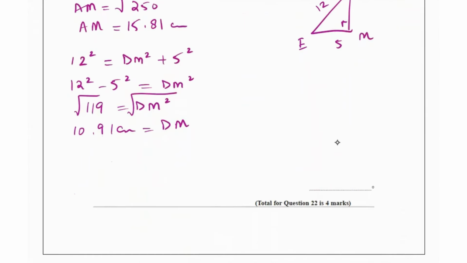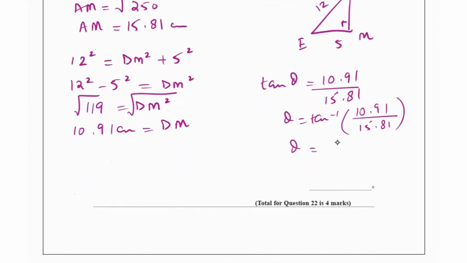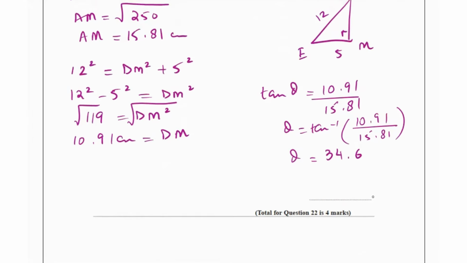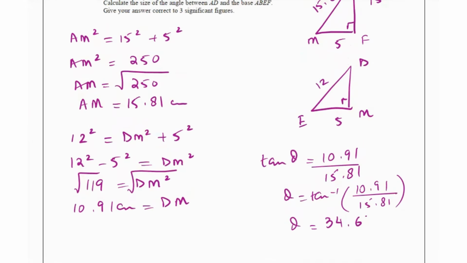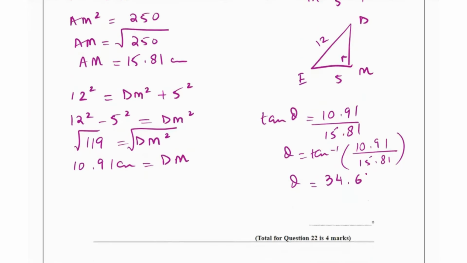So tan theta equals 10.91 over 15.81. Tan inverse of 10.91 divided by 15.81, and that gives us 34.6 degrees correct to three significant figures. So that is your angle.